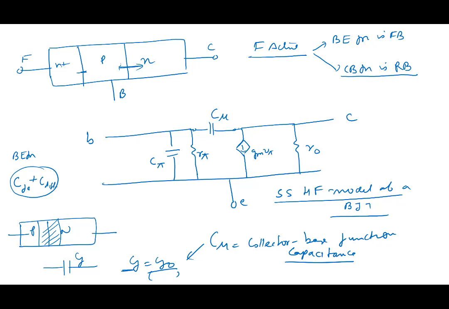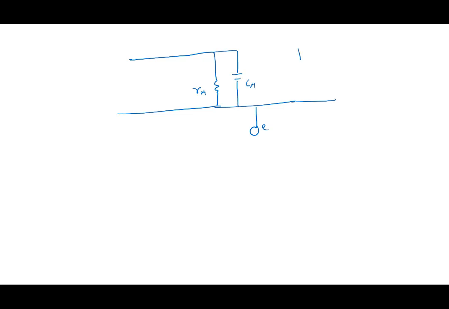So let me redraw this model here. So we are going to do a R pi, emitter. We are going to add a capacitor C pi. We're going to add a voltage dependent current source here, gm v pi.